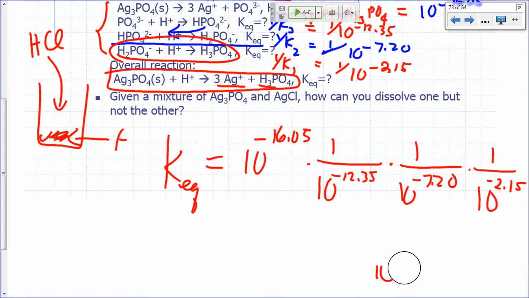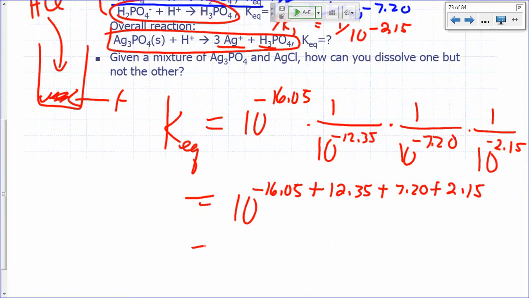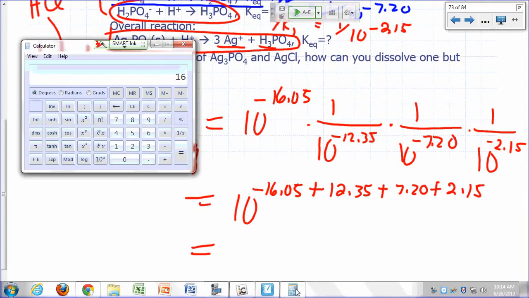Our KEQ is just going to be 10 to the negative 16.05 minus negative 12.35, so that's plus 12.35, minus negative 7.20, so that's plus 7.20, minus negative 2.15, so that's plus 2.15. That gives you negative 16.05 plus 12.35 plus 7.2 plus 2.15.